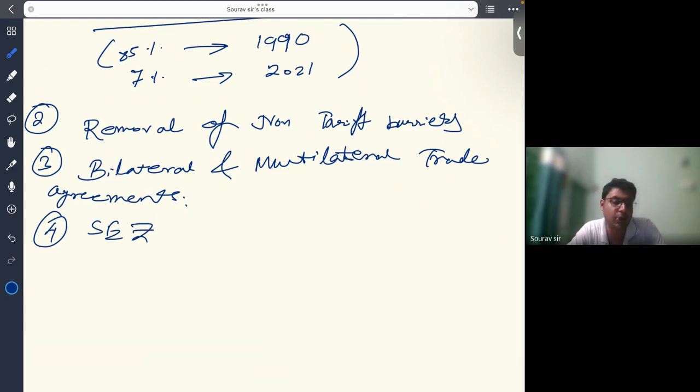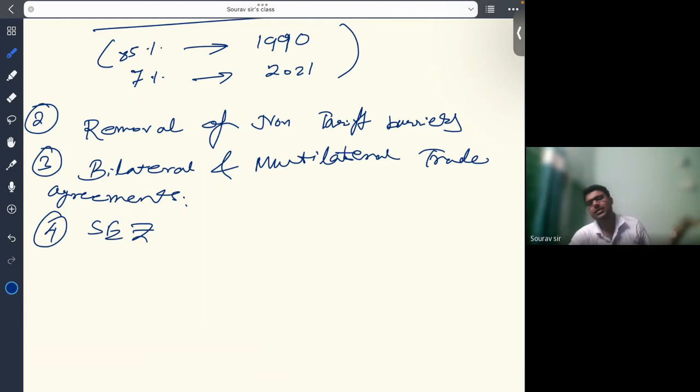SEZ means special economic zone. So India has established SEZs, which are areas with special tax and regulatory policies to promote exports and foreign investment. So overall, India's trade openness and tariff policy have become more liberal since the 1991 reforms, leading to increased trade and investment.